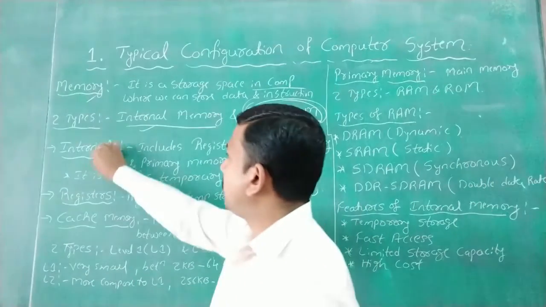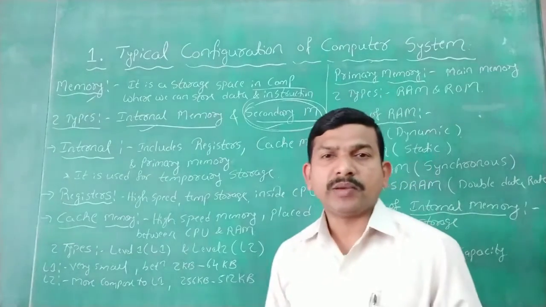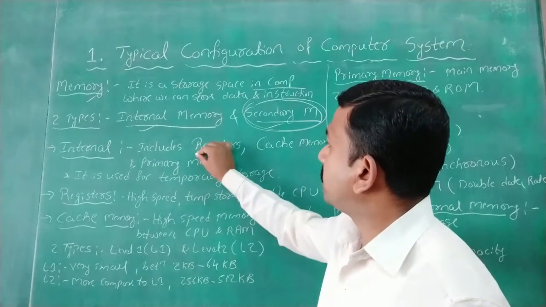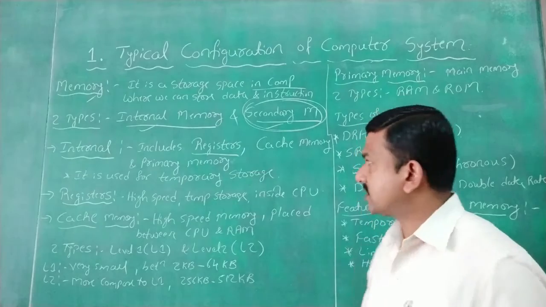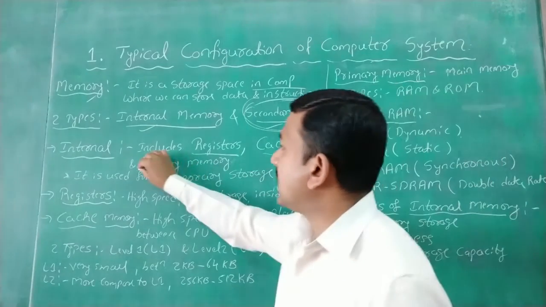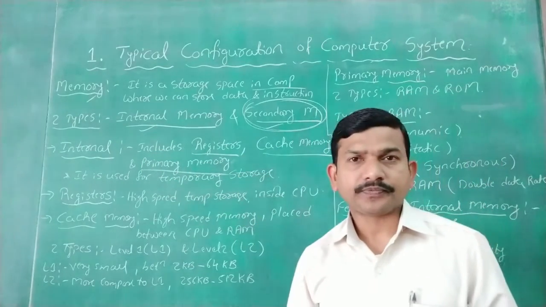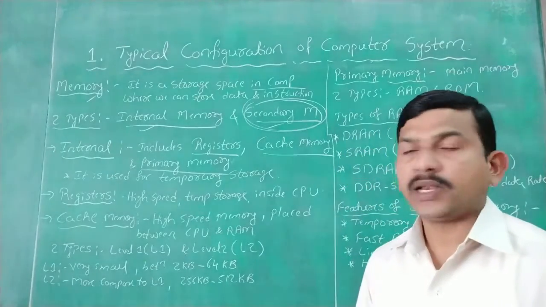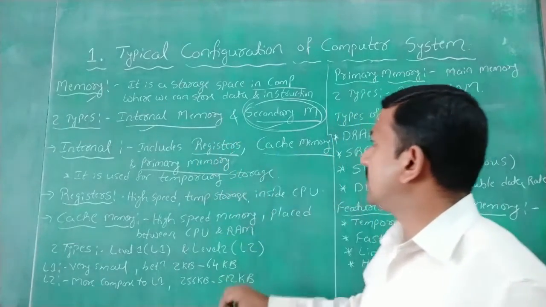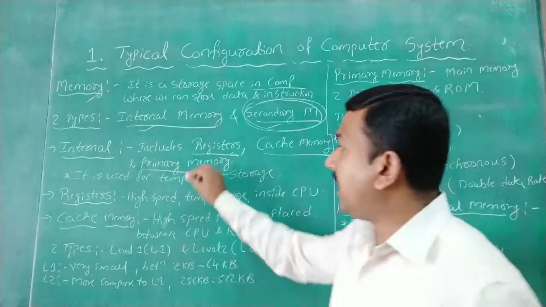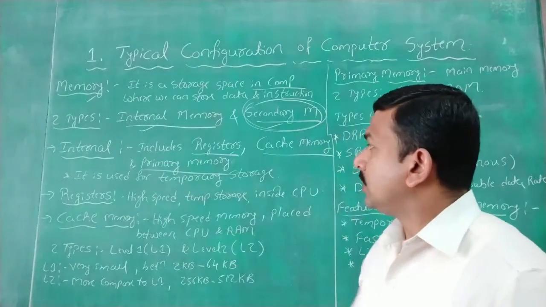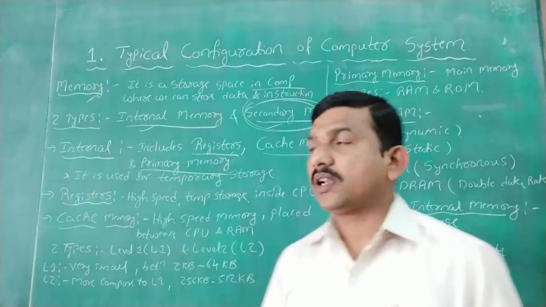So what is this internal memory? Internal memory includes three main components: registers, cache memory, and primary memory. All these combined we call the internal memory. For what purpose do we use this internal memory?